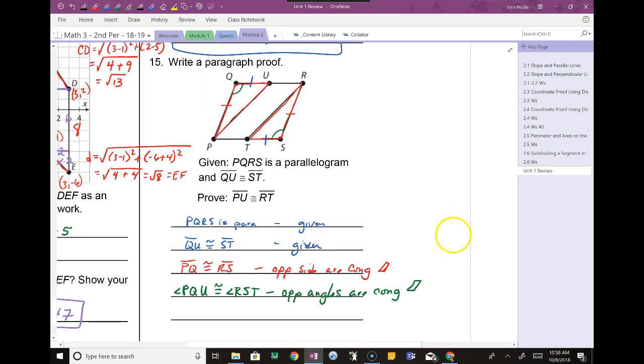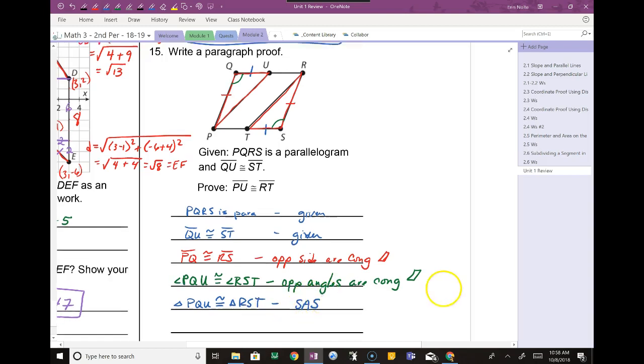Okay, so now if you look at this, I have two triangles, and I have a side, angle, side, side, angle, side. So now I can say the two triangles are congruent. So I can now say that triangle PQU is congruent to triangle RST by side, angle, side.